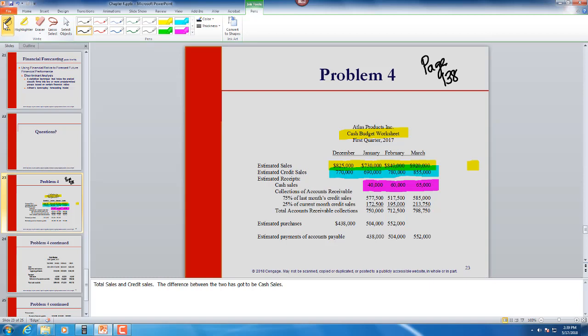Now, 25% of December sales are collected in December, which we don't need to calculate because December sales is not part of this cash budget.